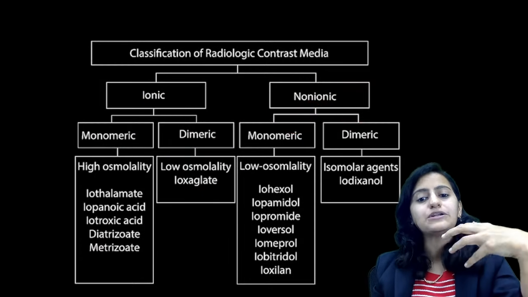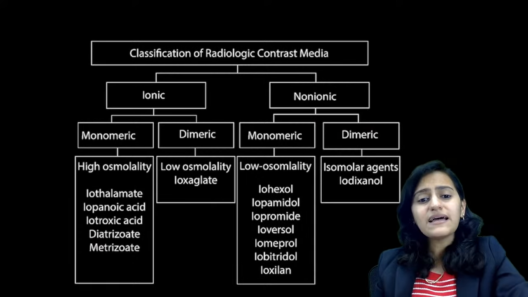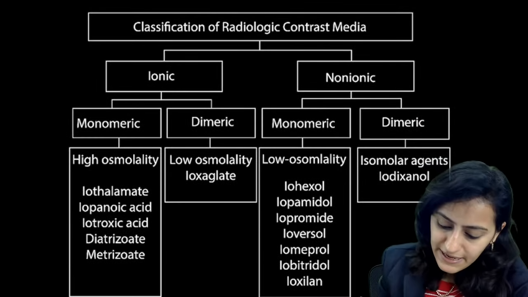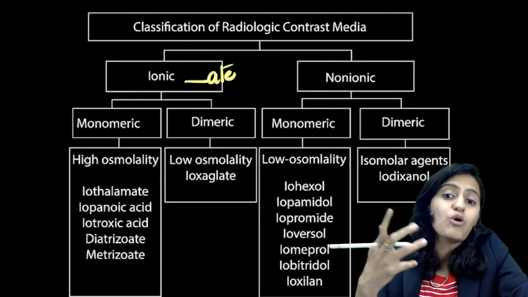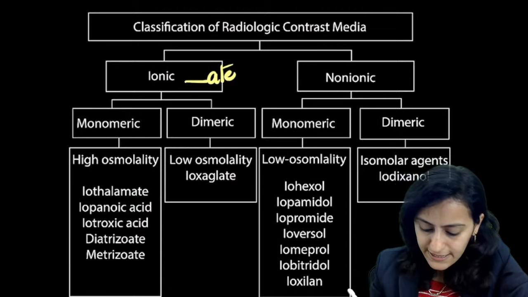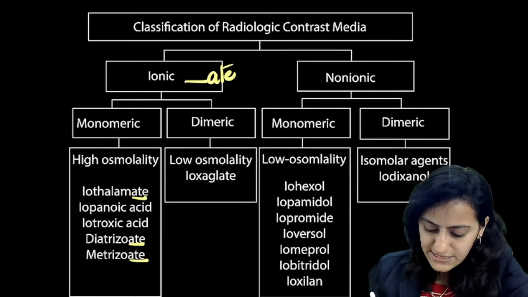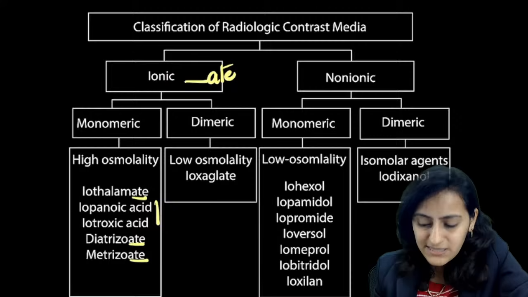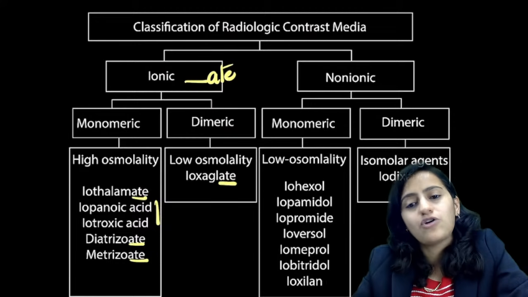non-ionic monomer, non-ionic dimer. Now, remember that the ionic contrast names end in ATE, carboxylate. Just say ATE ending: iothalamate, then diatrizoate, metrizoate, ioxaglate. These are ionic contrast.